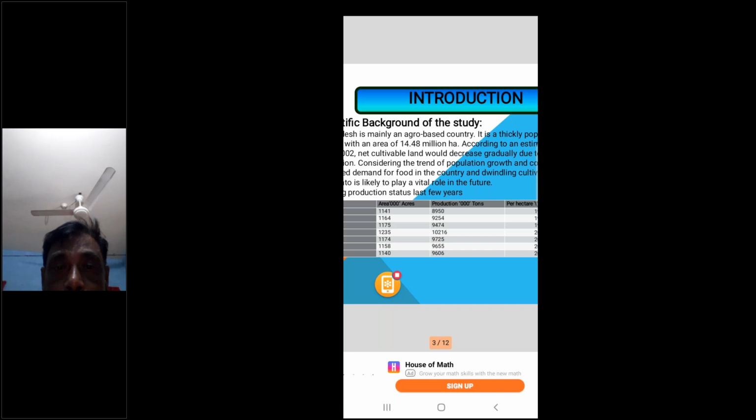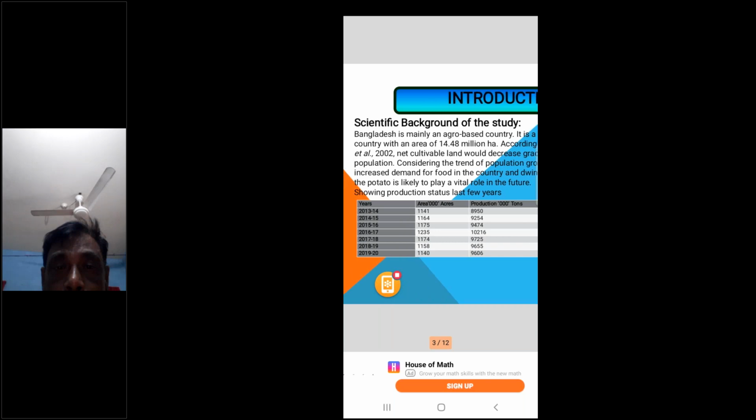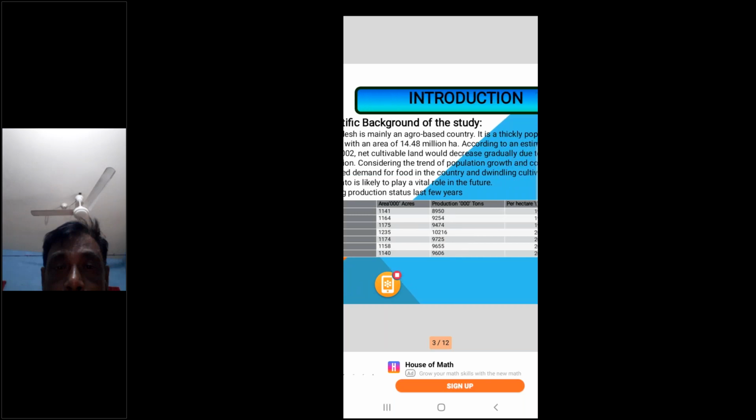This is the sequence. The most production was in 2006 to 07, when production was 1 crore 2 lakh 60,000 tons, and the production per hectare of land was 2.5 to 3.5 tons.